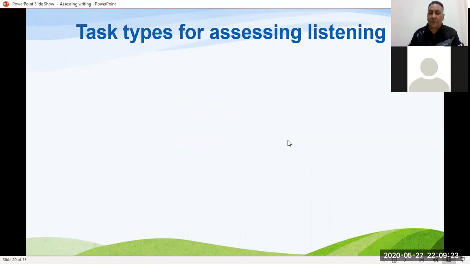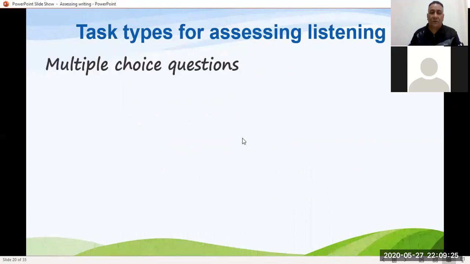Task types for assessing listening: multiple choice questions, yes, Mr. Abdulkaim, no perfect rules. Yes, no perfect rules. About what? About what, Mr. Abdulkaim? Could you clarify it? Okay.